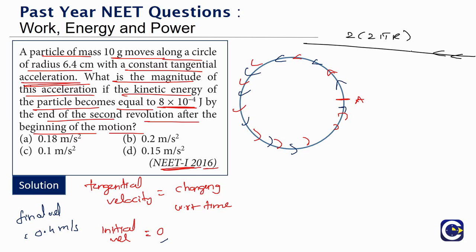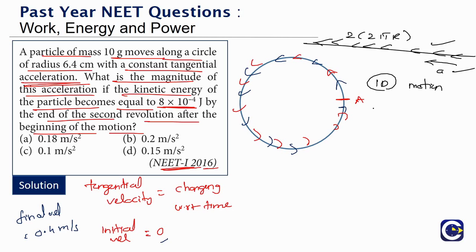Because the acceleration is along the tangential path always, this is like an equivalent of 1D motion when we cut the circle open. The acceleration is along the tangential path, which means it will be along the straight line.